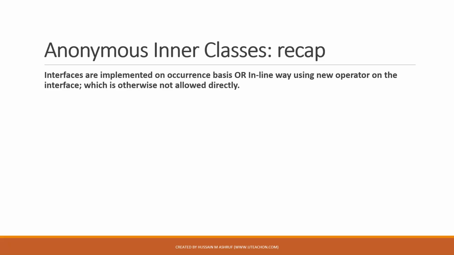There was no rule that only one abstract method should be there in those interfaces for an anonymous inner class; there could be more than one abstract method. But let's go forward and look at what a functional interface looks like.